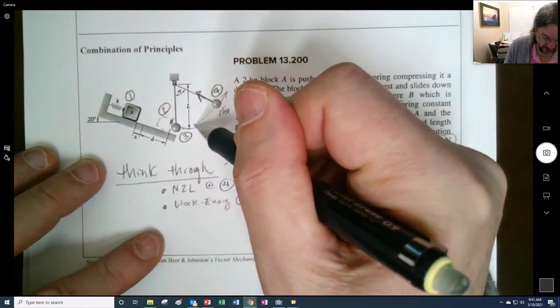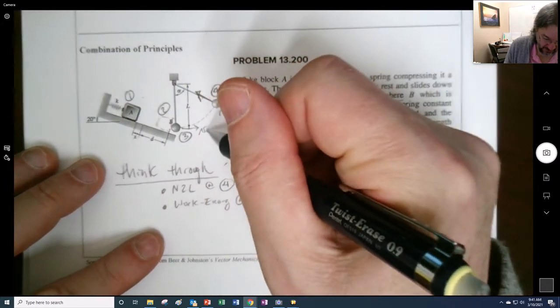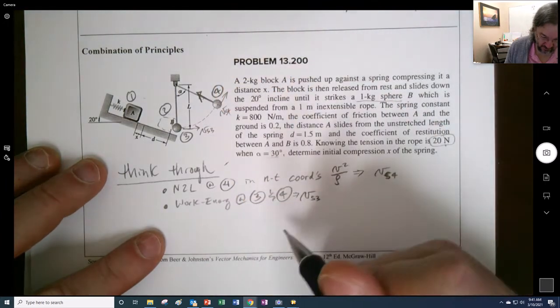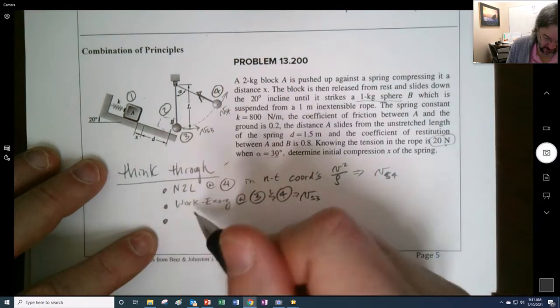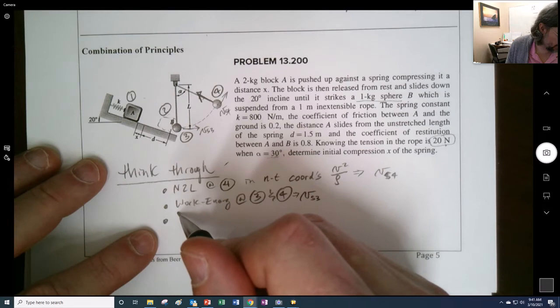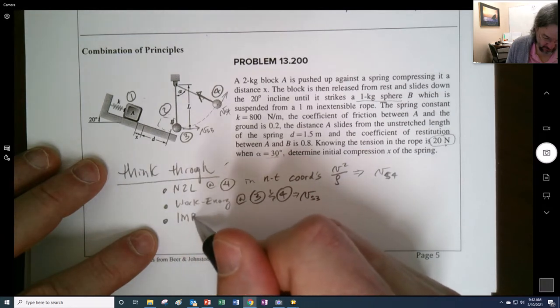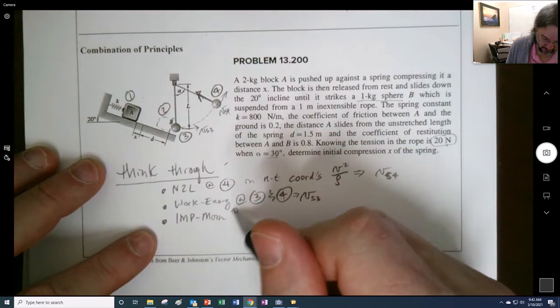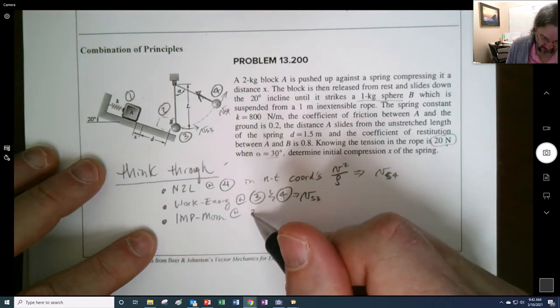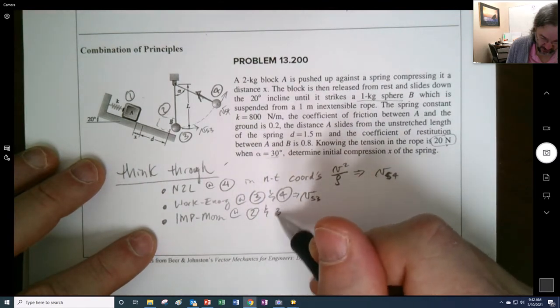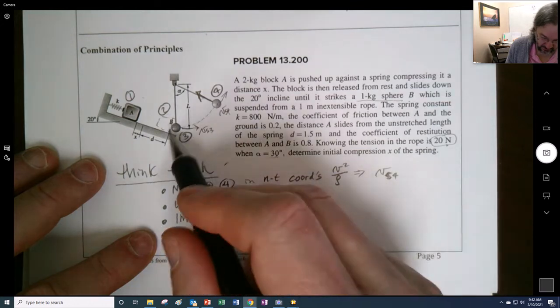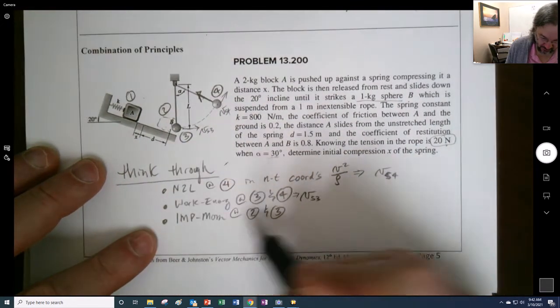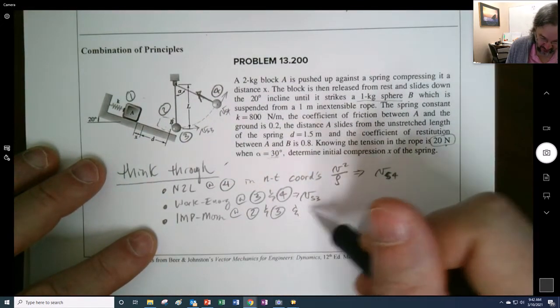So now we could find v sphere 3 right here, and then we can use impact, or impulse and momentum, between 2 and 3, right here, and the coefficient of restitution.